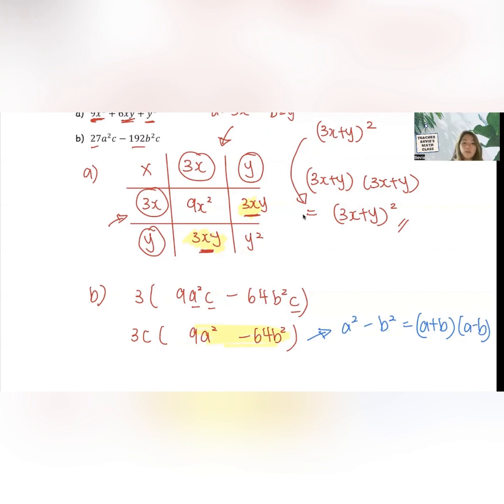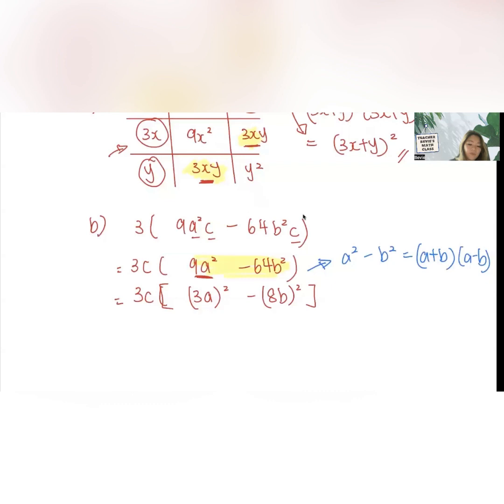For this portion, 3c, I'll just copy back. This is my a squared. Again, I will have to square root my 9 and square root my 64 to get my a and b. So that's (3a) squared minus (8b) squared, and I'll put it in a box.